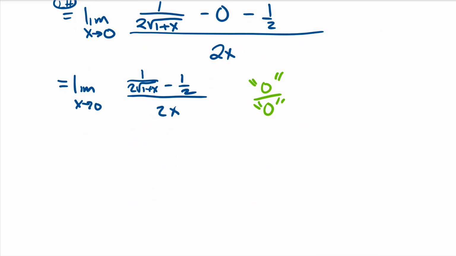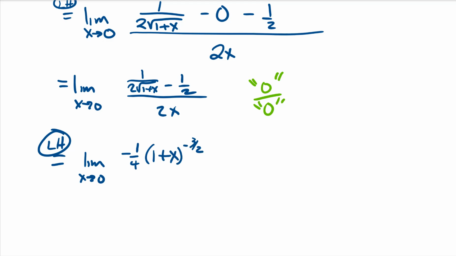So I'm going to save you some of the work on this one. Here, L'Hopital's letting you know what's up, and this is going to end up becoming the limit as x tends towards 0, and we're going to get negative 1 over 4 times 1 plus x to the negative 3 halves power all over 2.